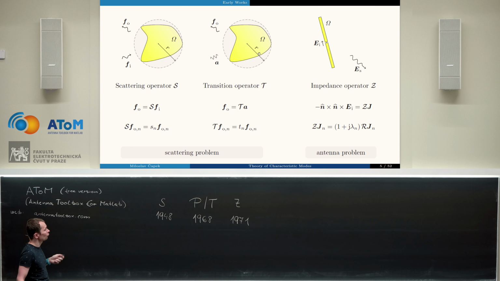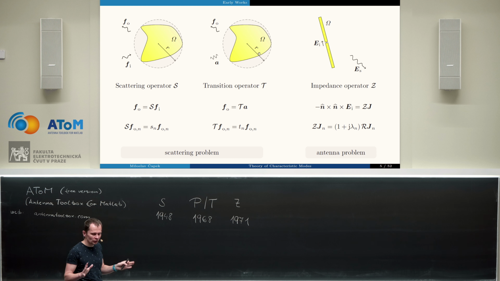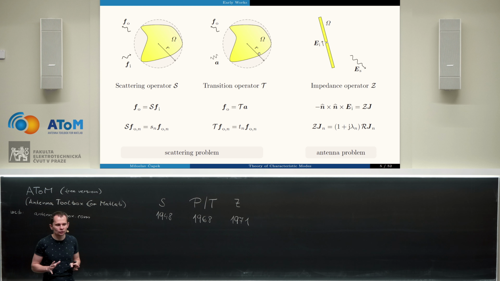So only quantities which are outside of this circumscribing sphere can be completely represented in these bases. But we don't have this assumption for the decomposition of the Z matrix.